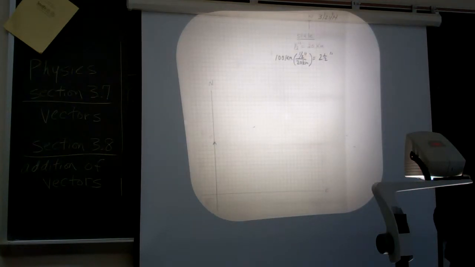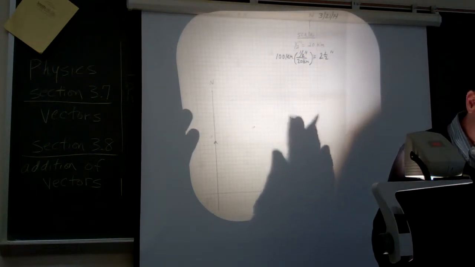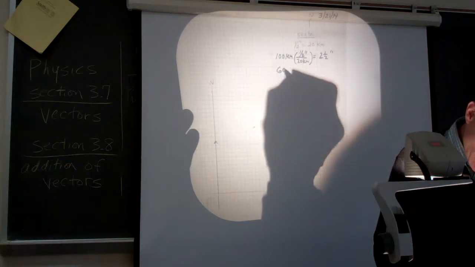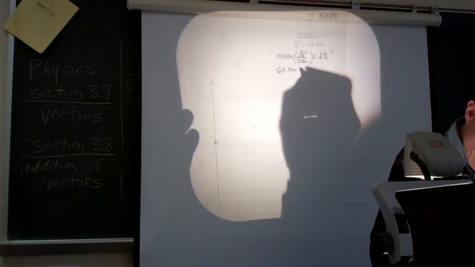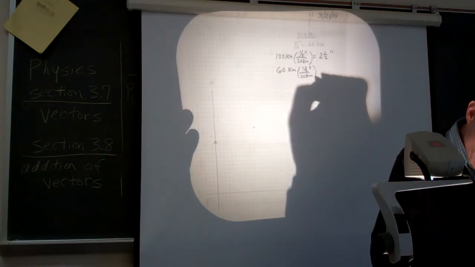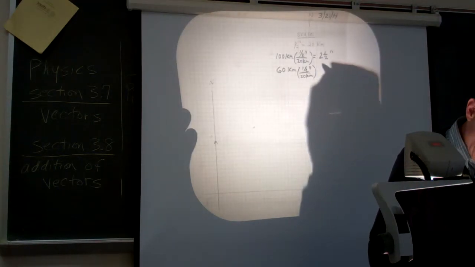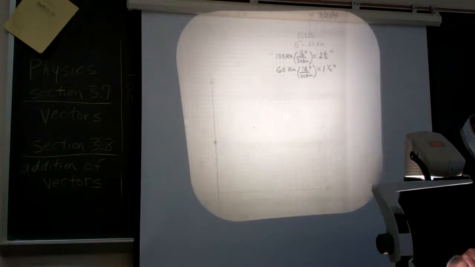And then we have the next one on the second day, 60 kilometers. Again, I have to apply the scale, 60 kilometers times a half inch for every 20 kilometers. So this is 1.5 inches long.